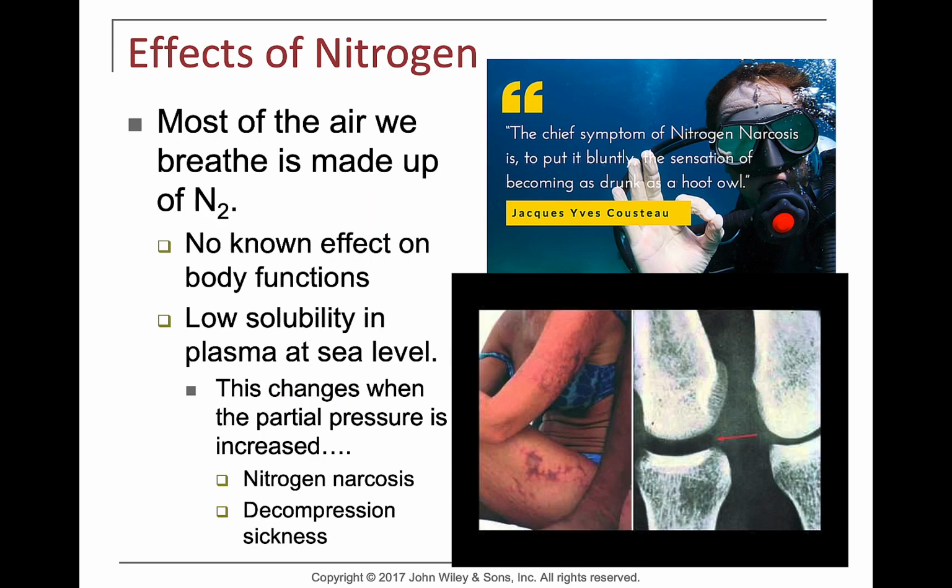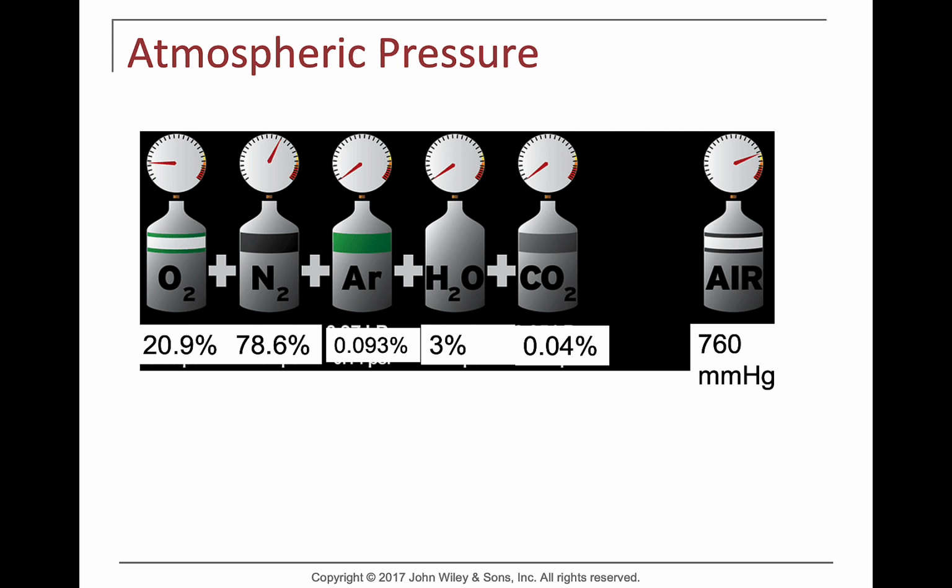So we can relate this to increasing partial pressures in the body. And the easiest way to talk about this is scuba diving. In scuba diving, one of the things we're going to look at is the effects of nitrogen. Going back, we saw on a prior slide that the majority of atmospheric air is nitrogen. It is 78.6% of atmospheric air. But in general, we don't hear a lot about nitrogen, because it doesn't stay dissolved in plasma very much.